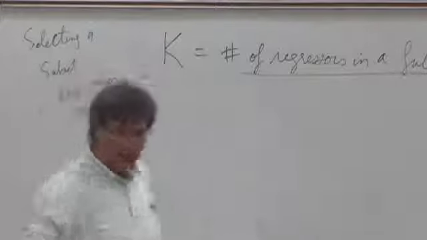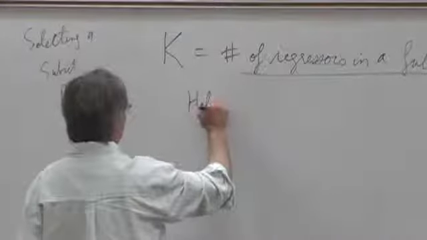And then I think in the hull cement data, K is equal to 5.